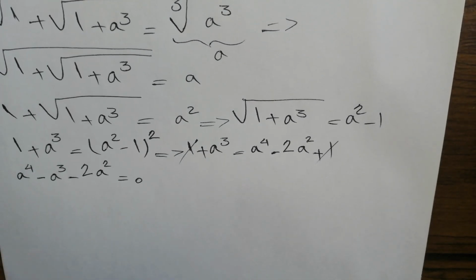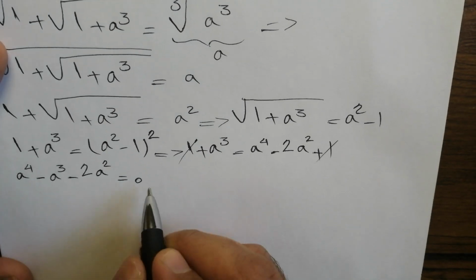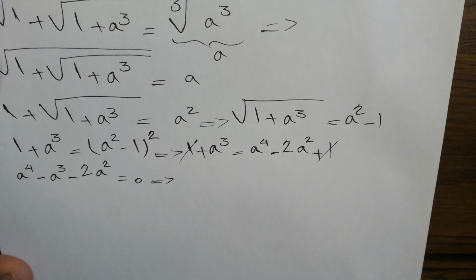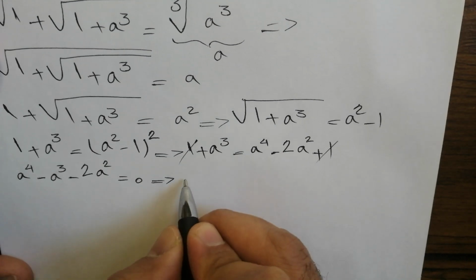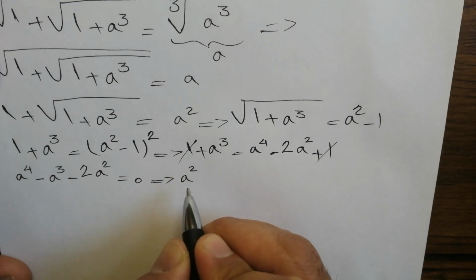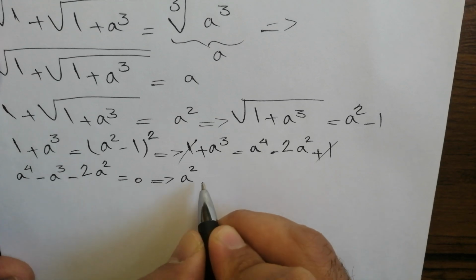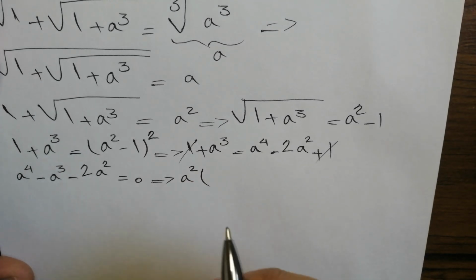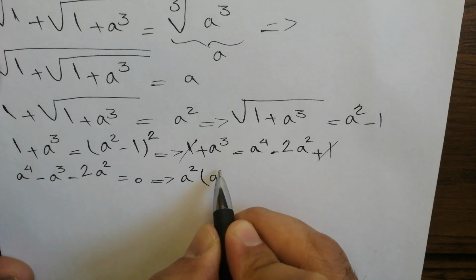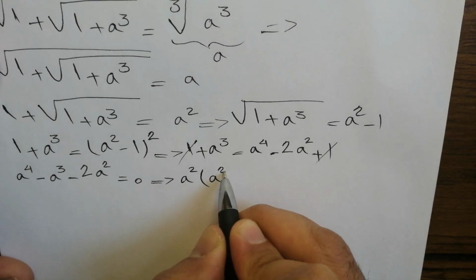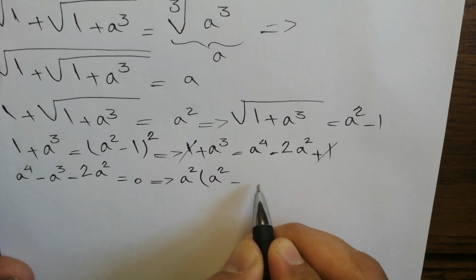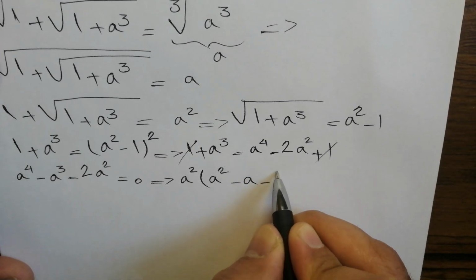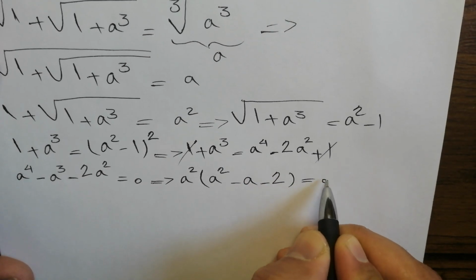So now at least we have something without any radicals or square roots, and it's much easier. Then we use factorization to simplify that further. We factor out an a squared. So a squared times, the first thing is a squared minus a minus 2, equals 0.